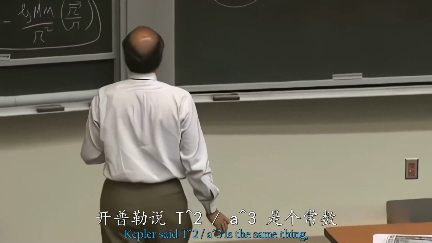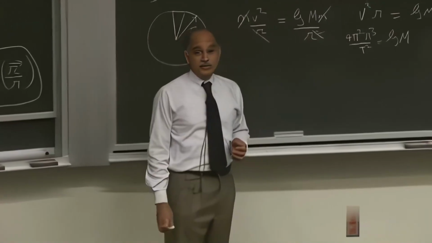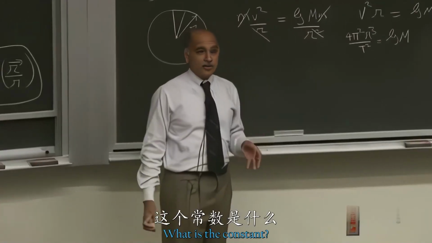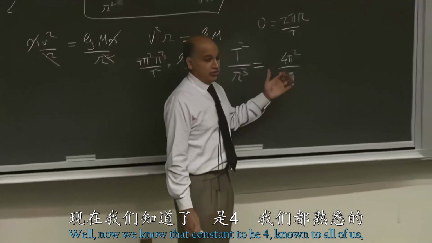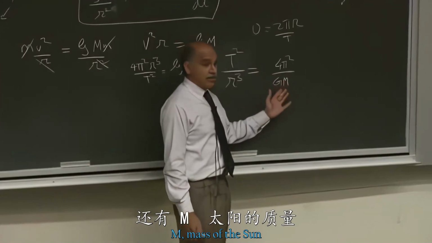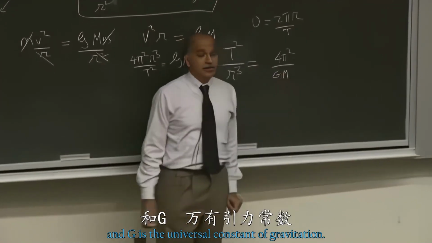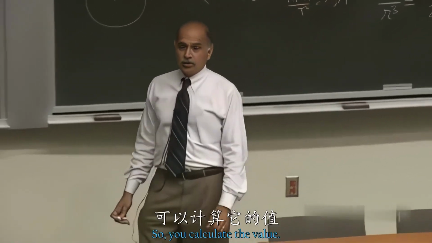Kepler said t squared over a cubed is the same thing, but he didn't tell you what the same thing is. What is the constant? Well, now we know that constant to be 4, known to all of us, pi, known to all of us, M, mass of the Sun, and G, the universal constant of gravitation. So you calculate the value.